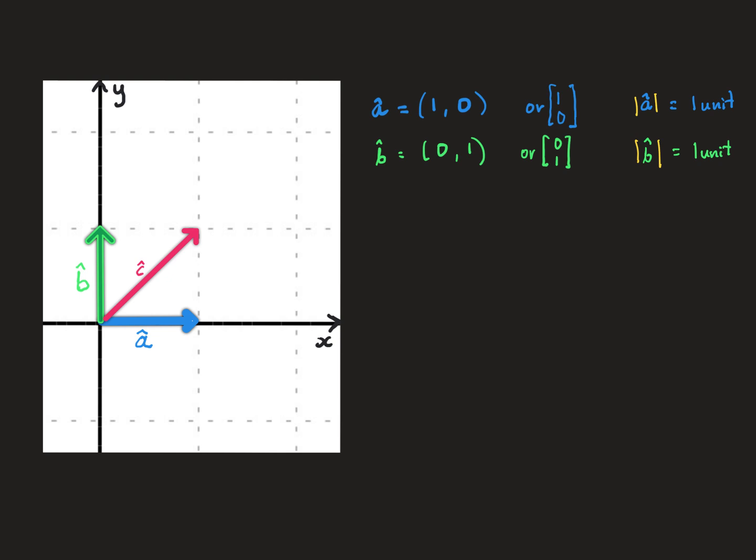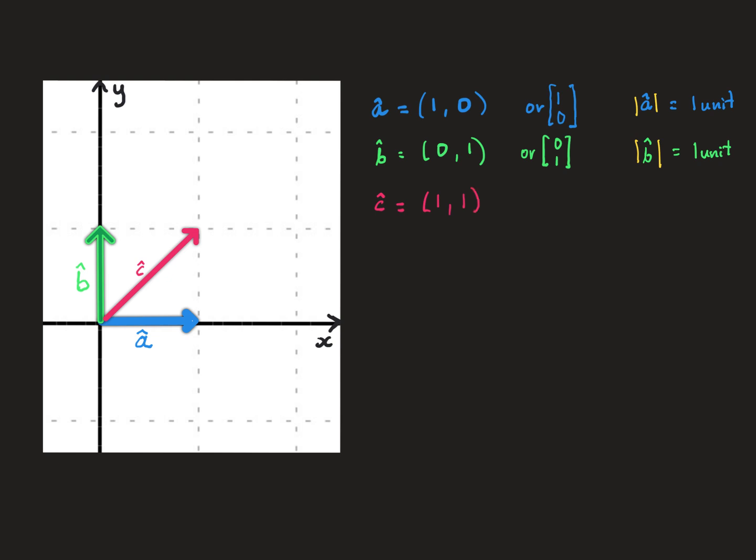And then I introduced a vector C. On examination, we found that vector C was not a unit vector because it was represented by 1 unit to the right and then 1 unit up in the y-axis.